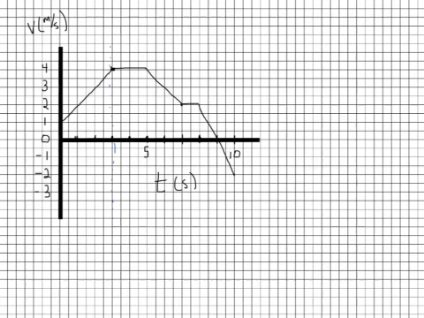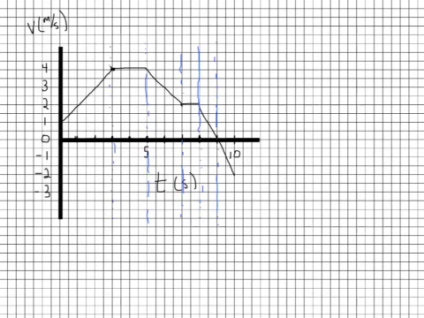And then my next change seems to occur at 5 seconds, so we'll split it up there. My next change occurs at 7 seconds, so we'll split it up there. And then I have another change at 8 seconds. And then I'm actually going to care about it crossing the x-axis here, so I'm going to deal with this right there as well. Okay?